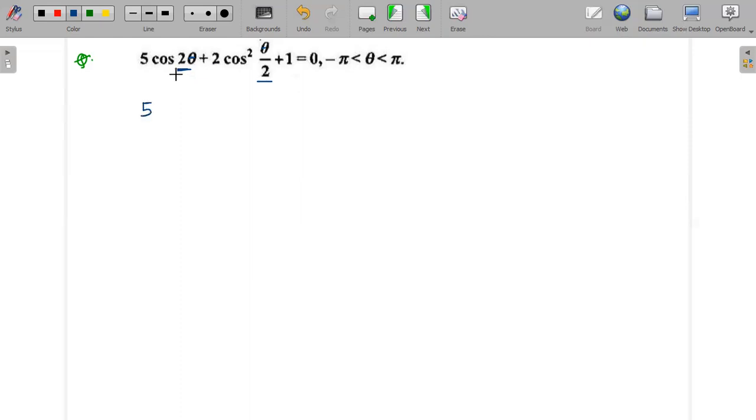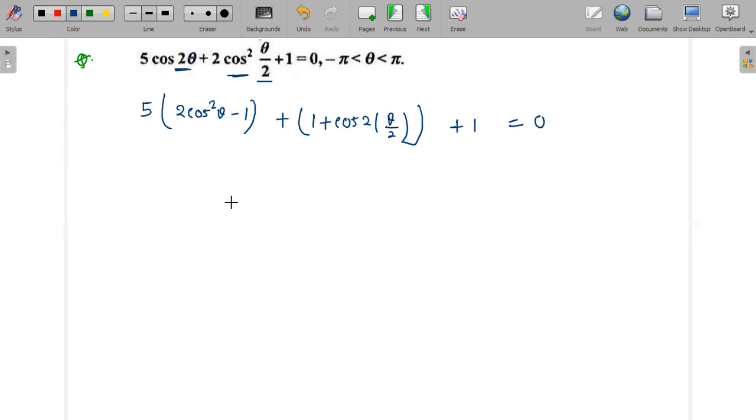I'm using a multiple angle approach where I can write cosine 2 theta as 2 cosine square theta minus 1. And the next term, 2 cosine square theta by 2, can be written as 1 plus cosine theta. Am I right? What I'm trying to do is bridge this gap between their arguments. Now everything looks fine because we only have to deal with cosine theta.